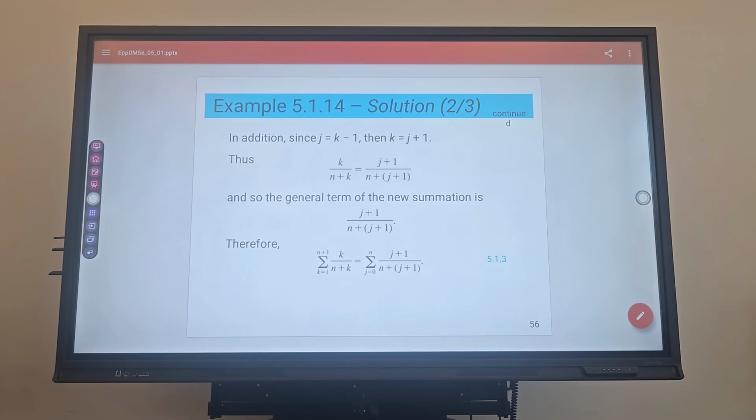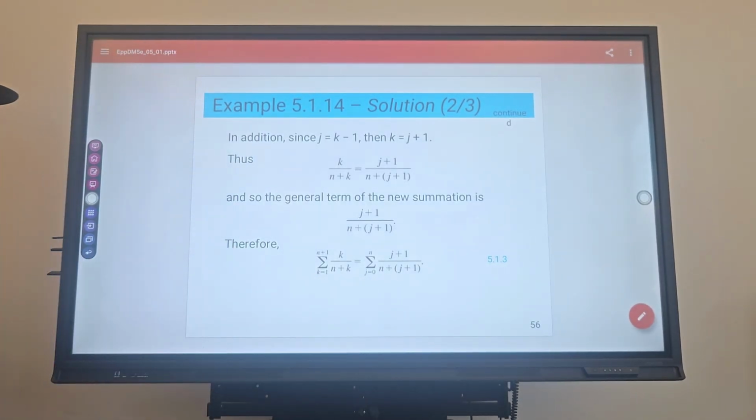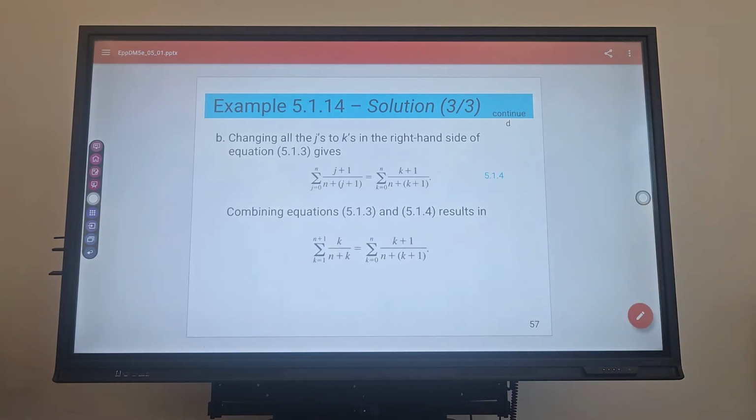Therefore, your old summation here is equivalent to this new summation. Changing all the j's to k in the right-hand side of the equation gives this new result. It is equal to the sum from k equals 0 to n of k plus 1 over n plus k plus 1.